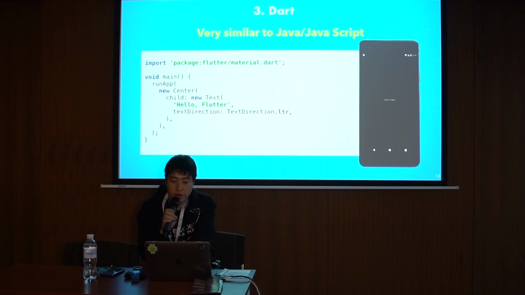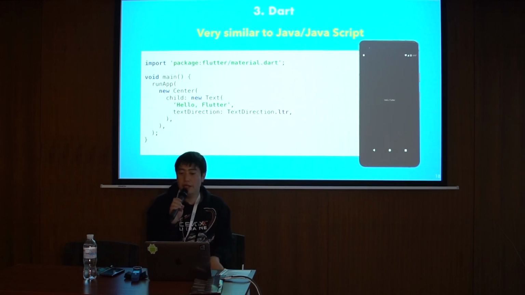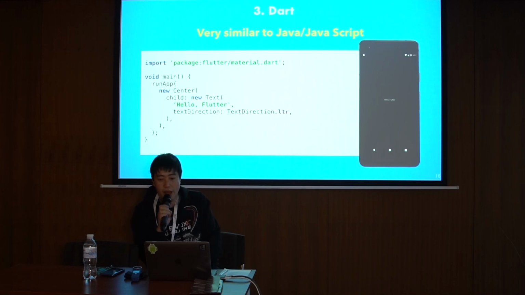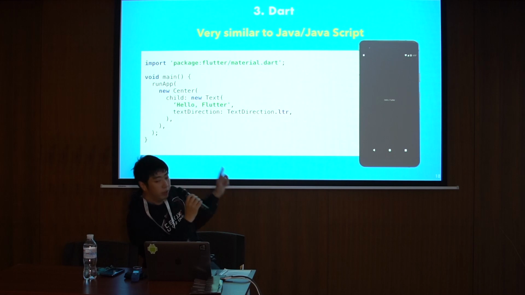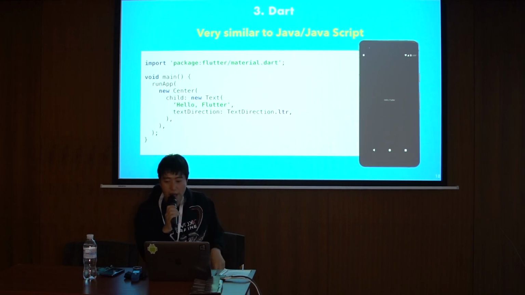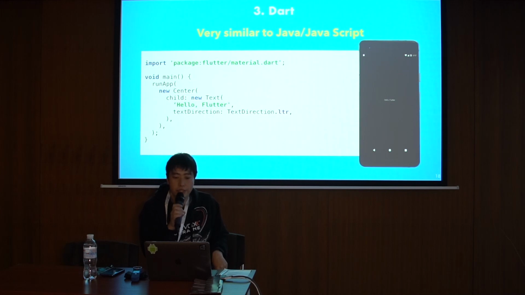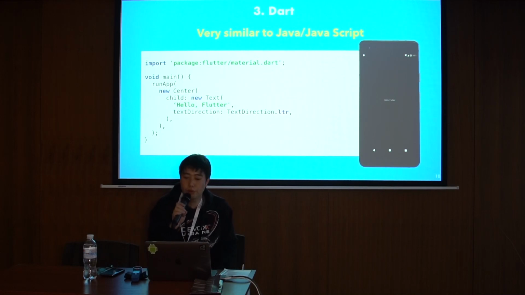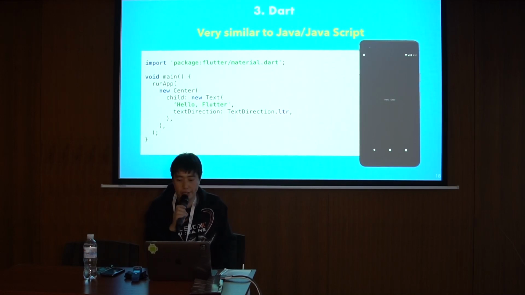About the third feature, Dart. It is a simple Dart code. By this code, this screen will be shown. That code is very similar to Java or JavaScript. So Java or JavaScript developers can start to learn Dart easily, I think.